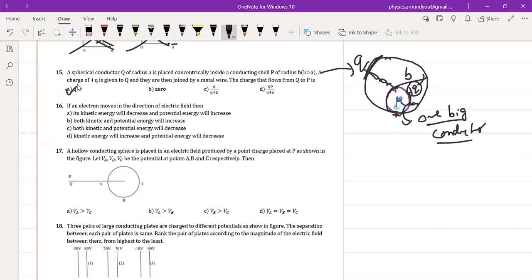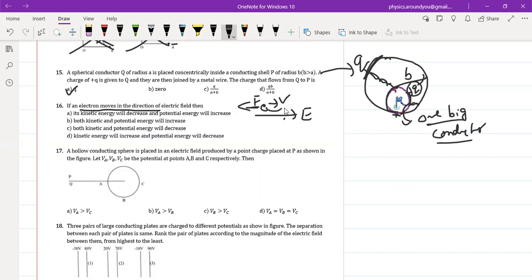Now, if an electron moves in the direction of electric field, then what will happen? Tricky. The electron moves in the direction, right? That would mean the electron's motion is like this. We know that an electron always experiences a force opposite to the direction of electric field. So the force experienced will be in this direction, and velocity will be in this direction.